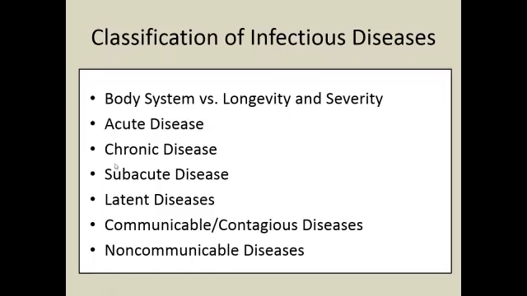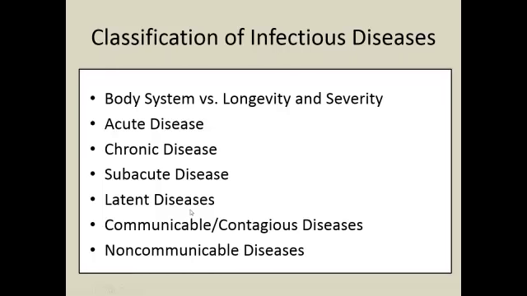Chronic diseases, on the other hand, are very long-lasting. Usually, the buildup of signs and symptoms happens over a long period to match the long duration of the disease. Now, subacute disease, I really should have put it between acute and chronic because it's not as bad as acute, but it's not as long-lasting as chronic, so it's, get it, subacute.